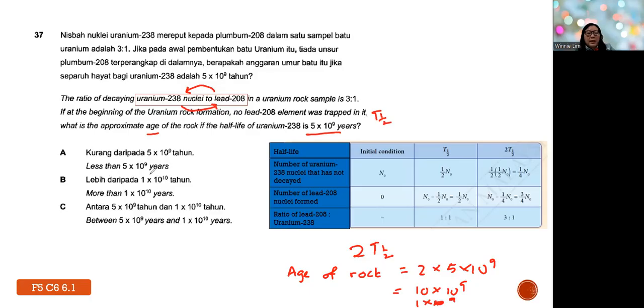So among these answers, less than that, confirm cannot. In between also cannot. It can be more than that. So the best answer is B. Okay. So this idea is also similar to an example question in the school textbook. If you want to know more about it, you can refer to the textbook.